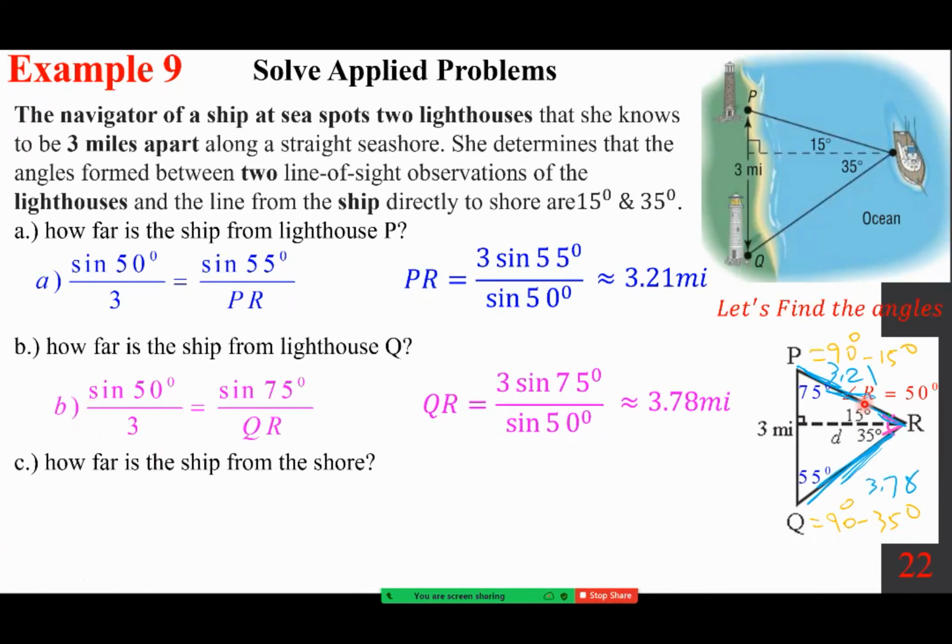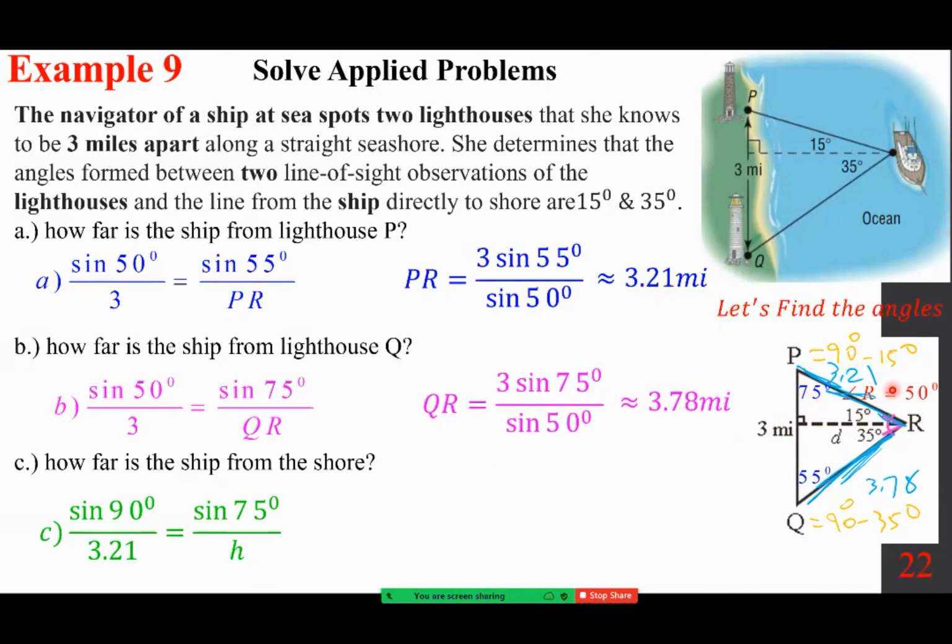So in this top triangle, sine of 90, this is 90 degrees, opposite PR, which is 3.21, equals sine of 75, opposite the H we are looking for.